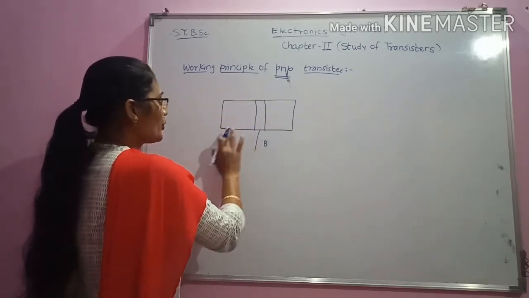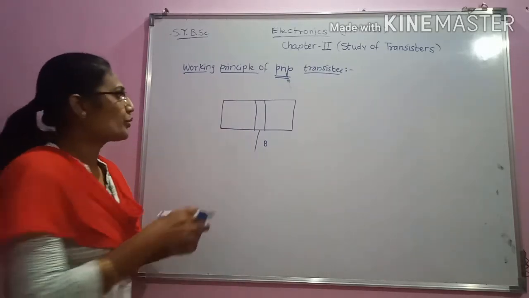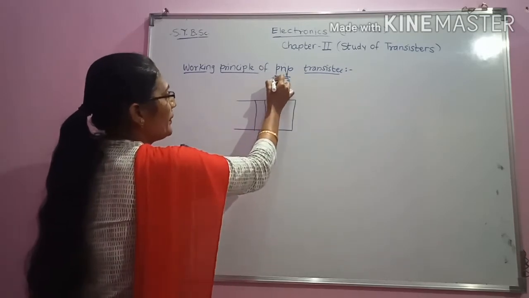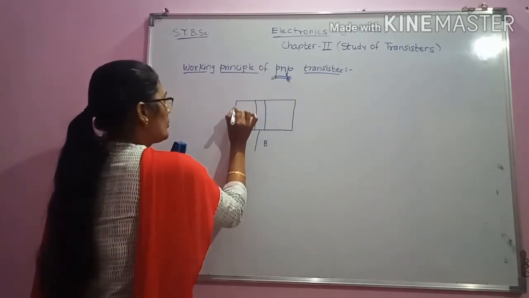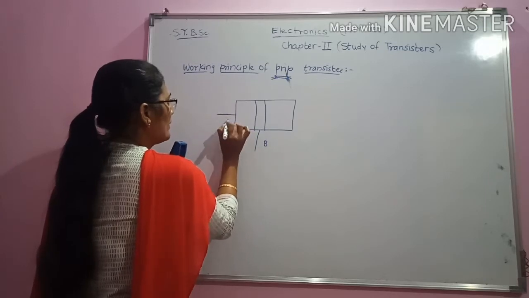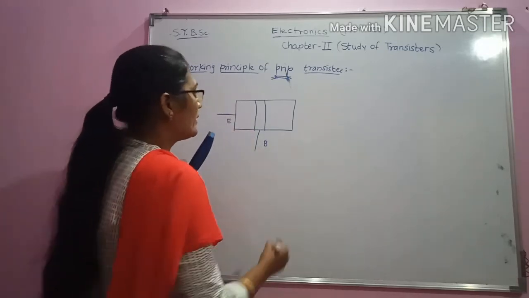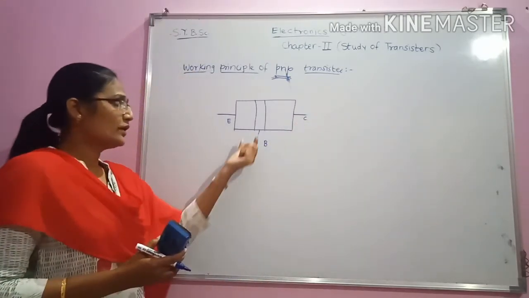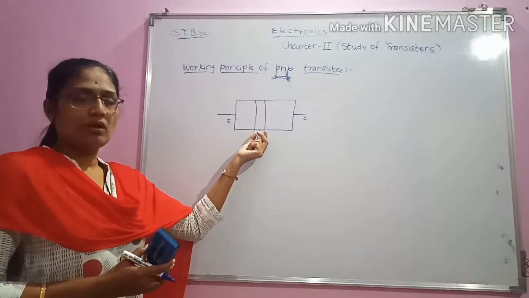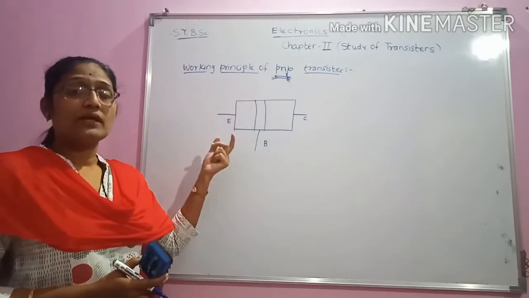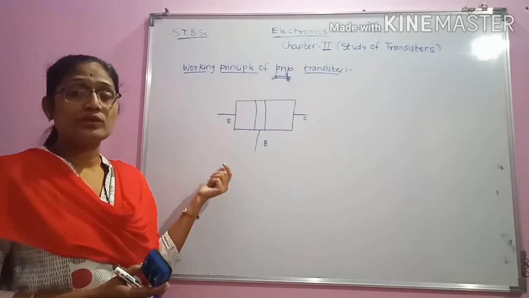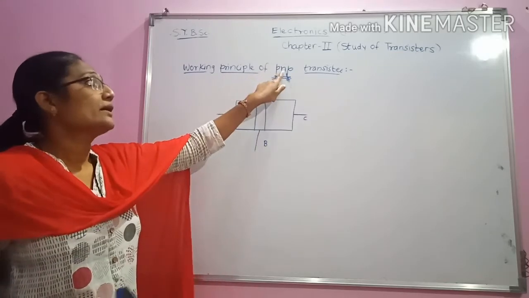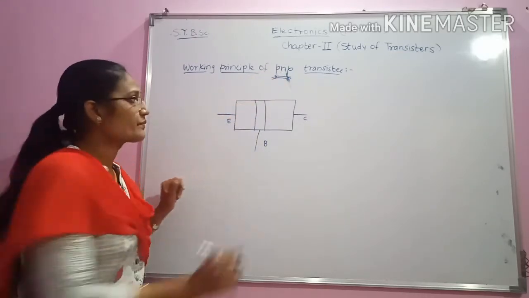Now there are two portions, which are made up of P type semiconducting materials. One portion is called the emitter, E, and the other portion is called the collector, C. We know that the base region of the PNP transistor is lightly doped and its thickness is also less, and it consists of minority charge carriers, that is, here they are electrons.